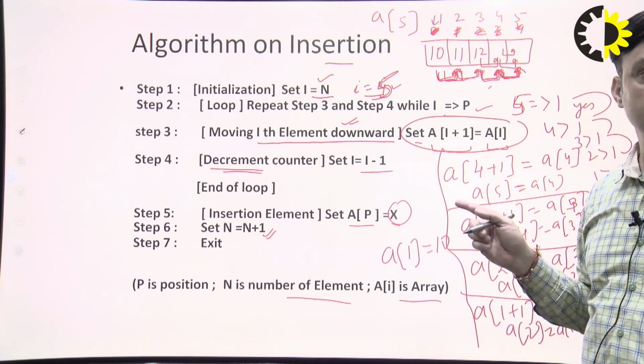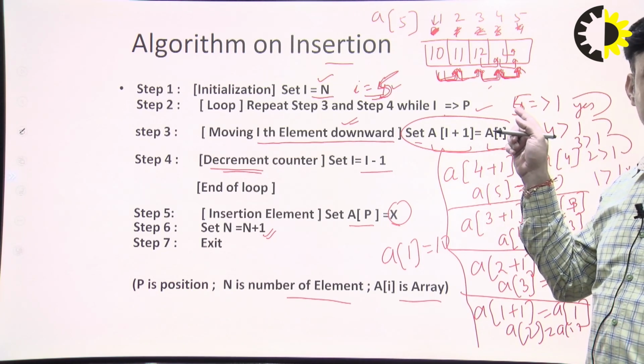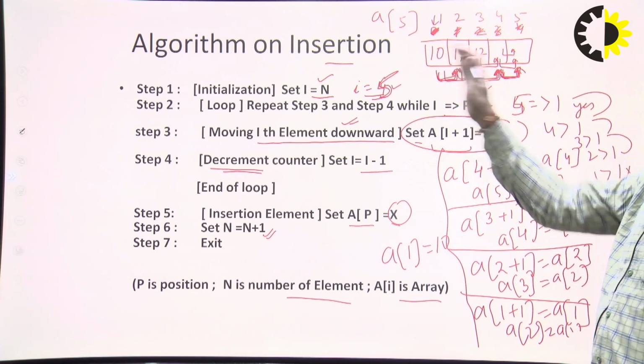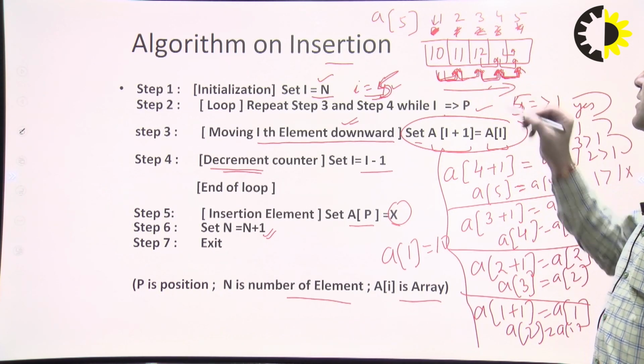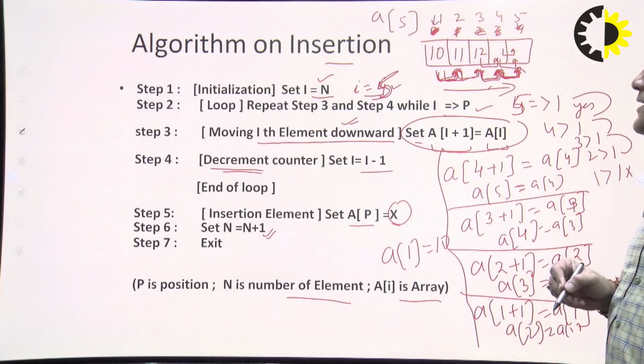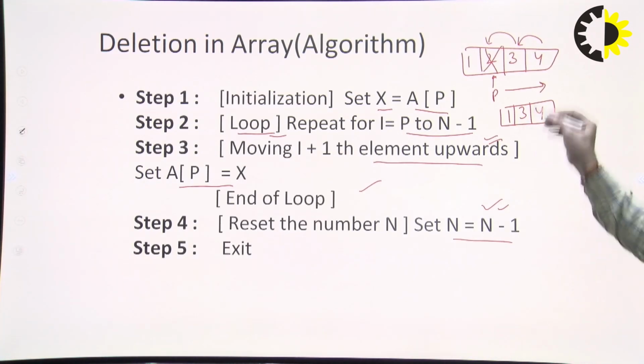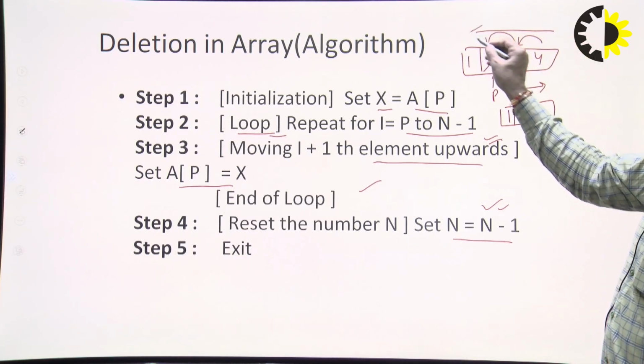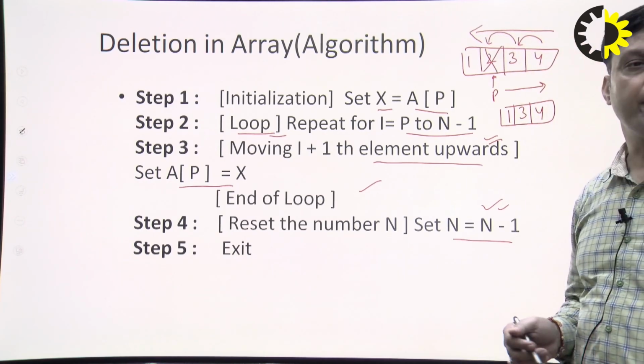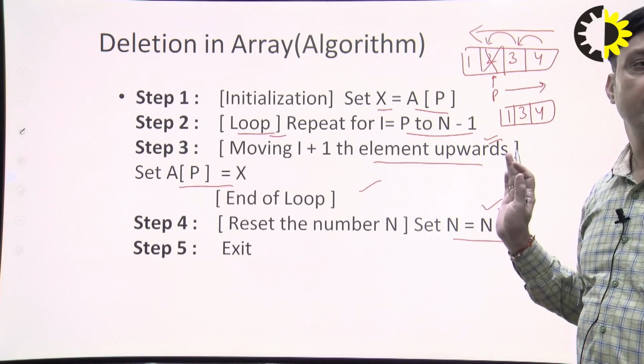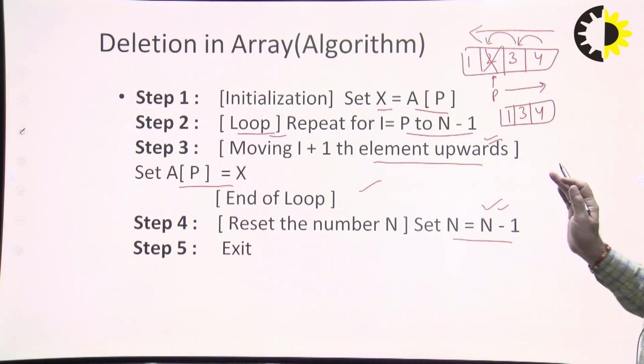In case of insertion, the element moves downward, up to down, and in case of deletion, down to upward. Upward means toward the starting of the array.